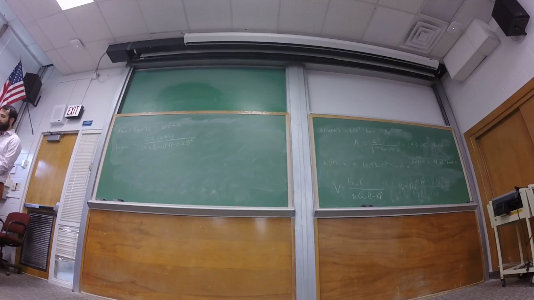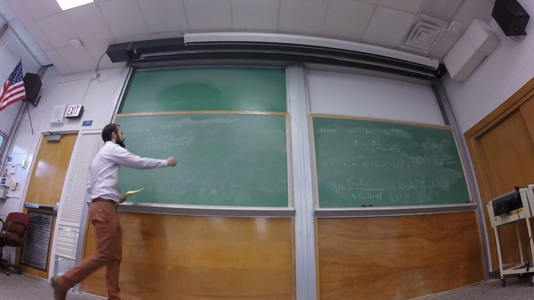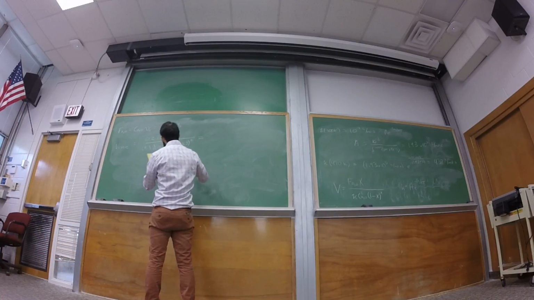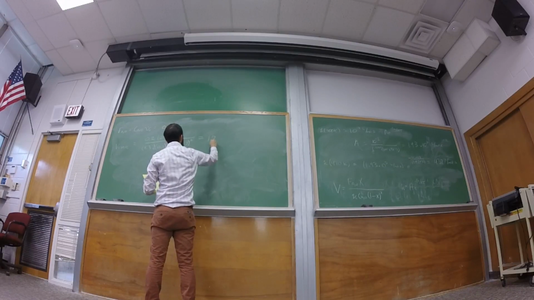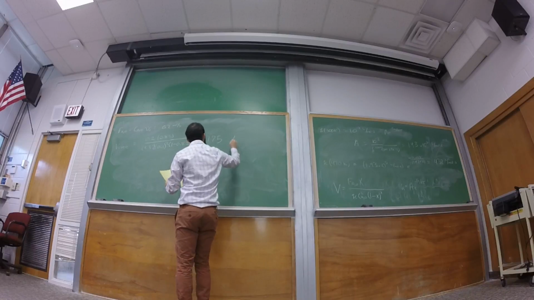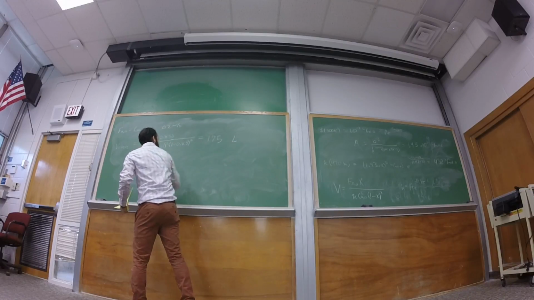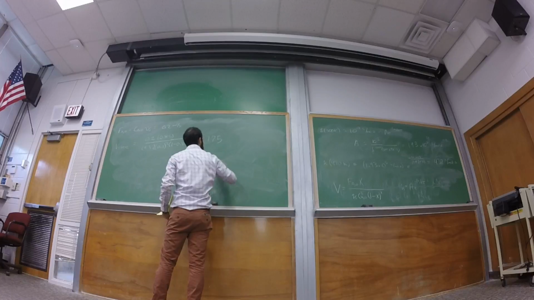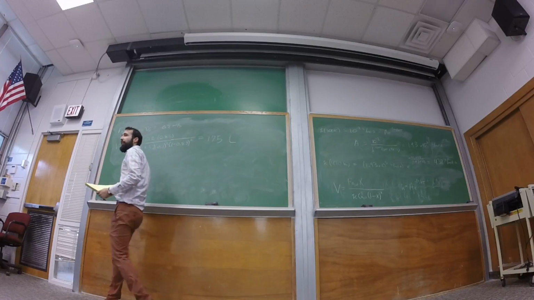That's where your unit conversion comes from. I'm not saying they're correct, but usually they are. These notes are old, so I hope most of the issues have been solved by now. So, 175 liters.